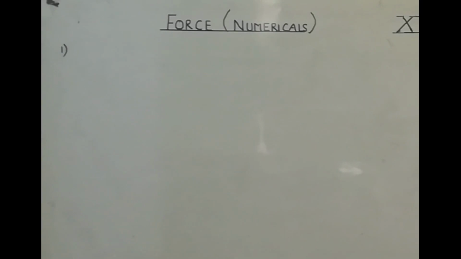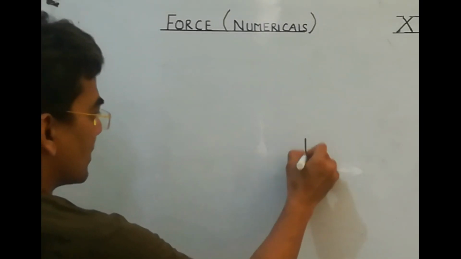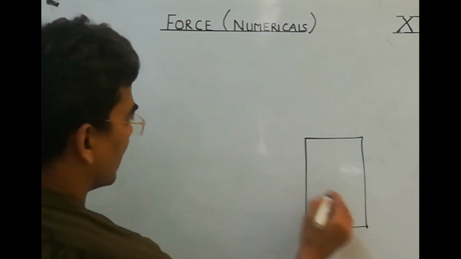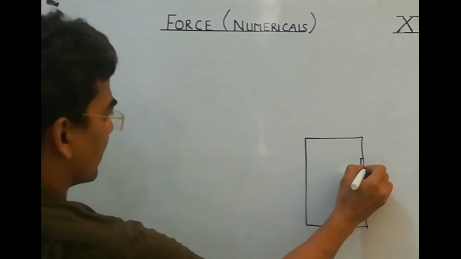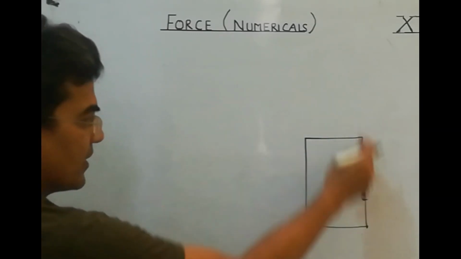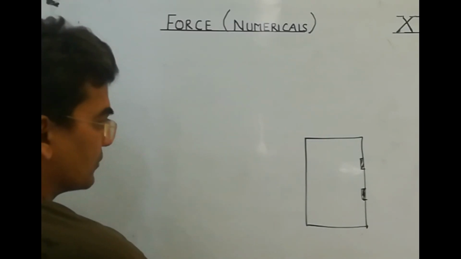Calculate the torque needed. Now in case 1, let us consider that this is the iron door. These are the hinges. So here you will be getting the axis of rotation.